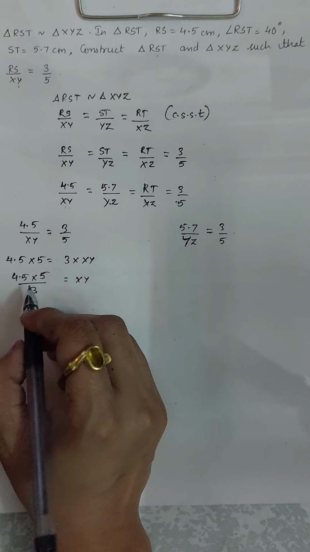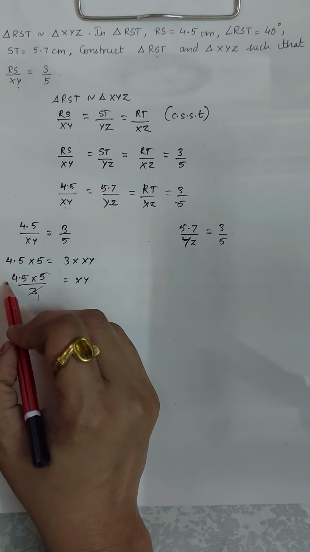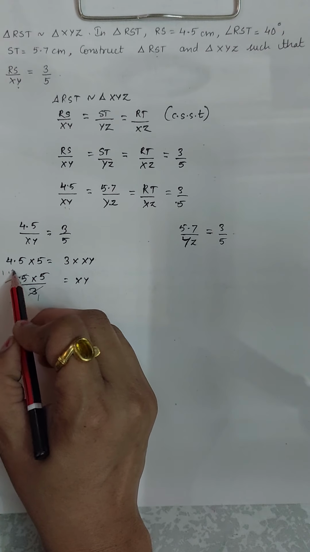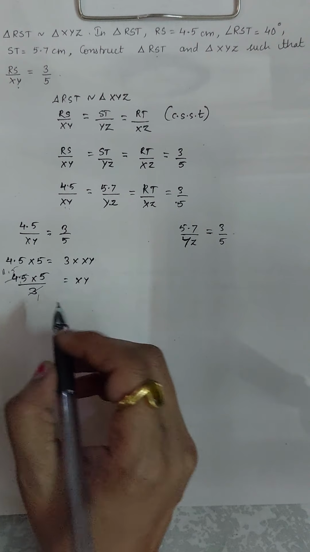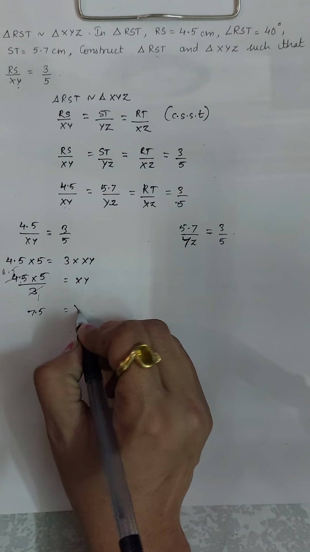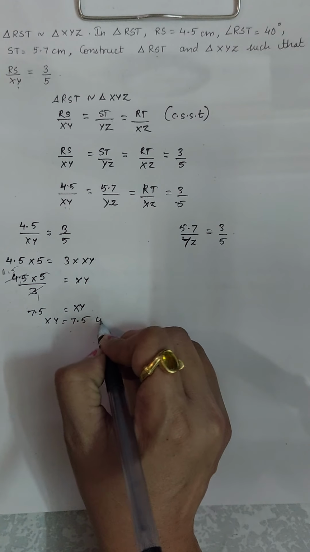Similarly here, 4.5 upon 3, how will you solve this? 3 ones are 3, remainder will be 1. So 3 5s are 15. This will be 1.5. So 1.5 into 5 is going to be 7.5 is equal to XY. So your XY is going to be 7.5 centimeter.